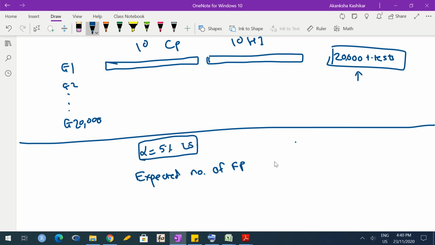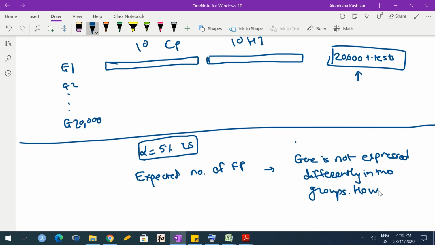So a false positive is basically when the gene is not expressed differently, meaning the values are not different across the two groups, cancer patients and healthy individuals, but our test falsely says that they are different.